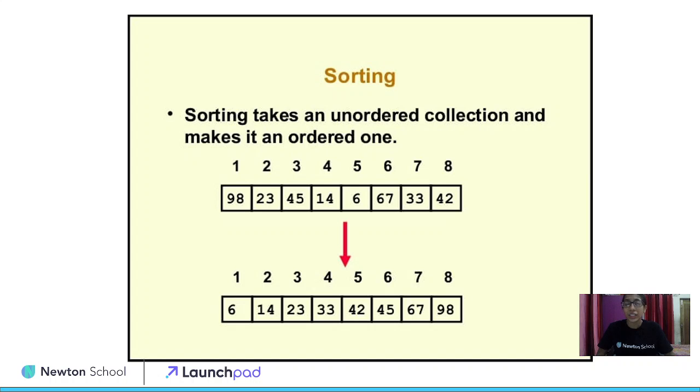Each iteration is called a pass. The number of passes in a bubble sort is equal to the number of elements in the list minus one.